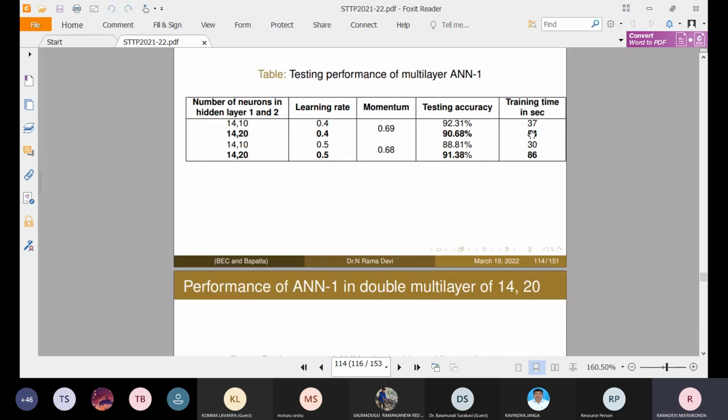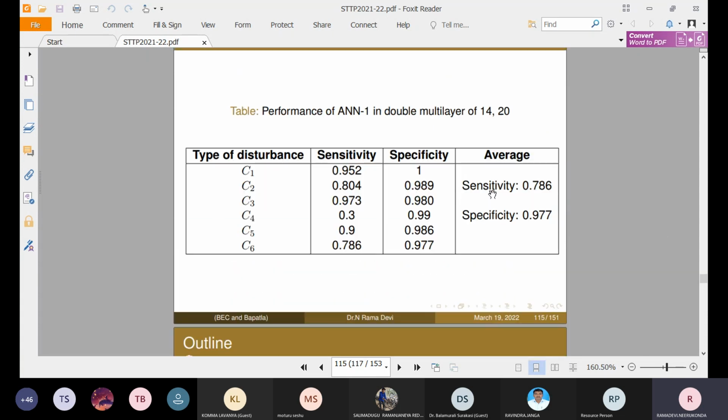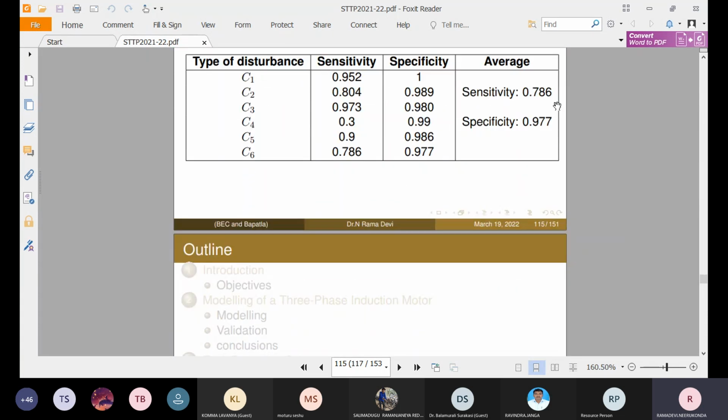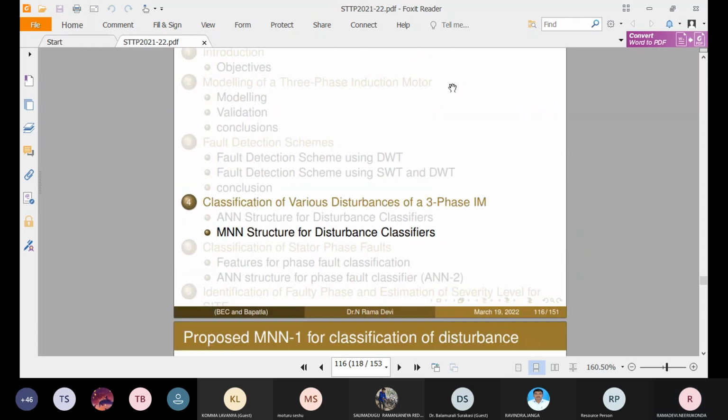Less time is taken for the system with 0.4 learning rate. Because of that we consider this the best performing system. Making use of that, we get the sensitivity, specificity and average values of disturbances like this.